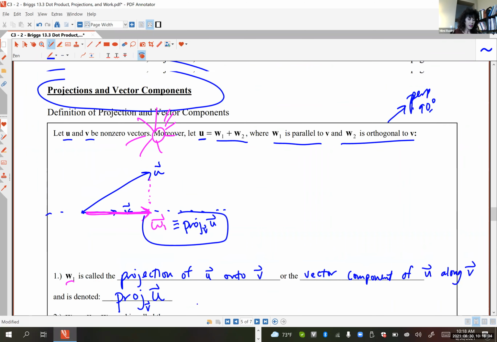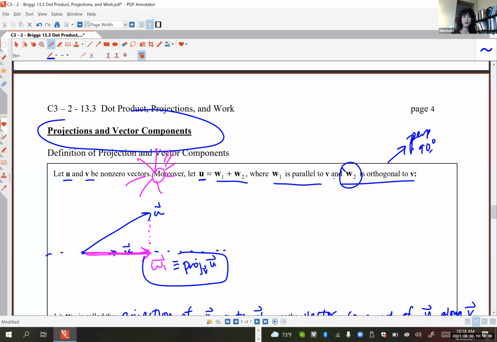Now, what about this other vector they want? Something called W2. What's he? Well, he's not a projection. He's another vector. He's the vector that's orthogonal, so it makes a 90-degree angle with the V vector. And it's such a way that W1 and W2 have to add up to U. So remember the parallelogram law.